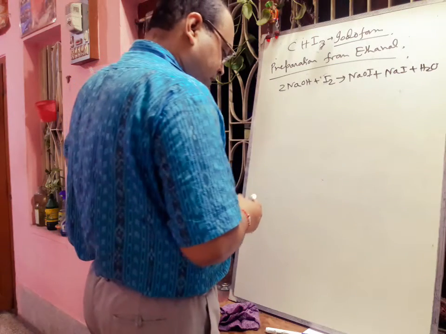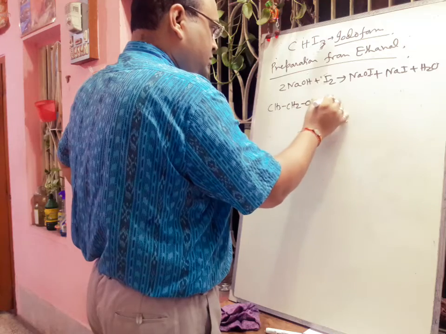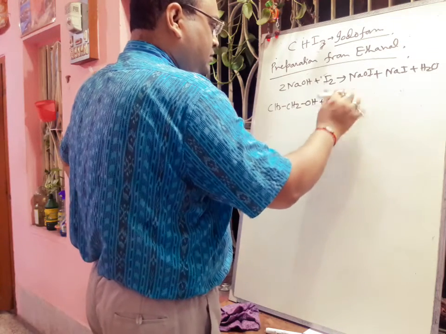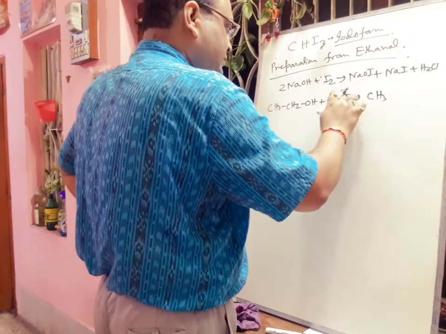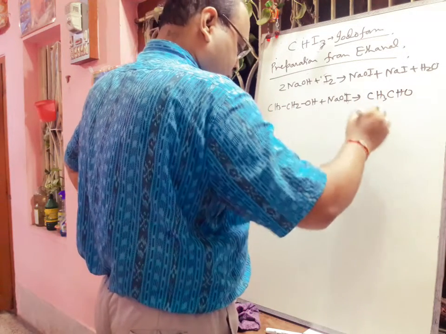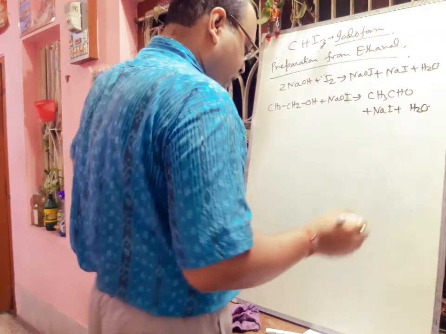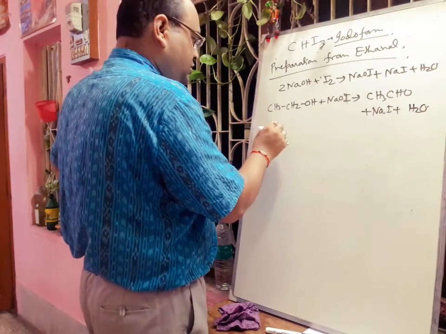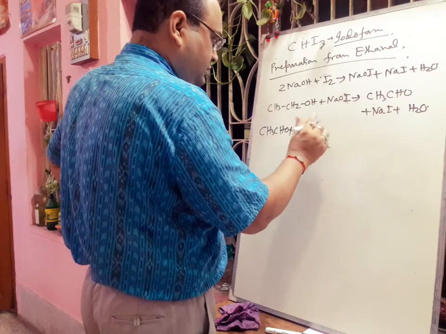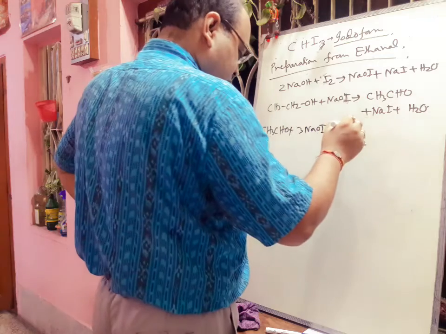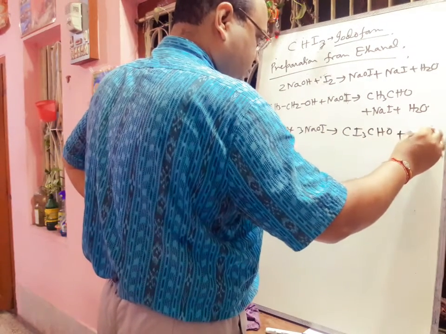That NaOI again reacts with ethyl alcohol and converts ethyl alcohol to acetaldehyde plus NaI plus H2O. In the next step, CH3CHO will react with three NaOI and form CI3CHO plus three NaOH.